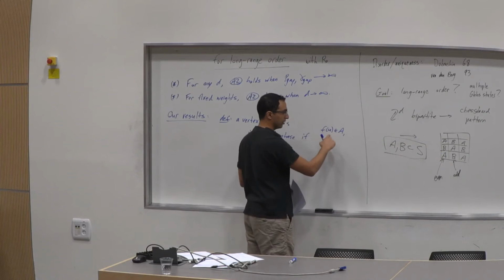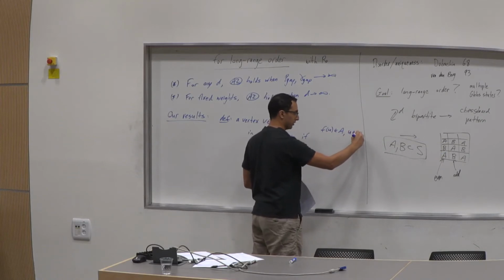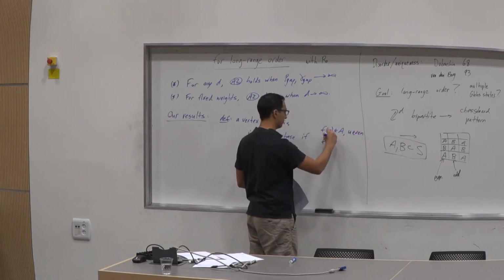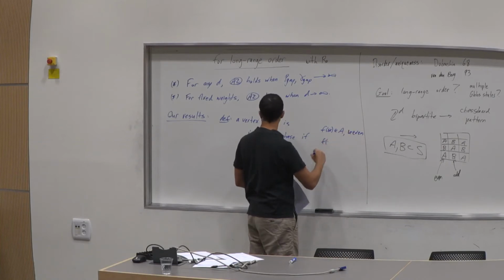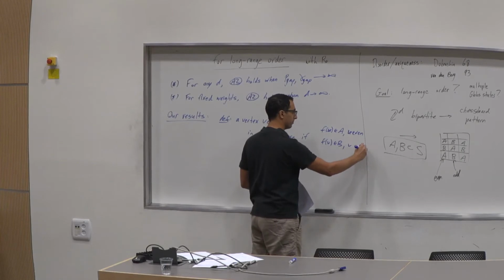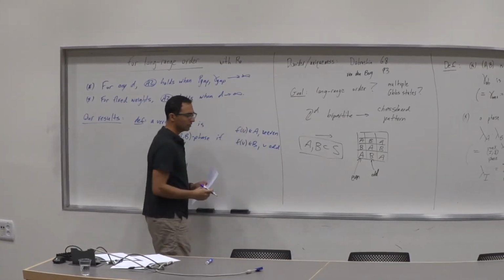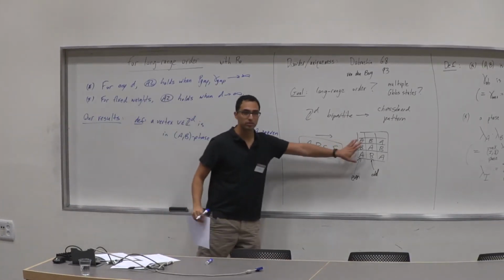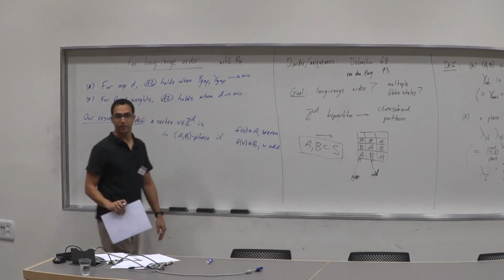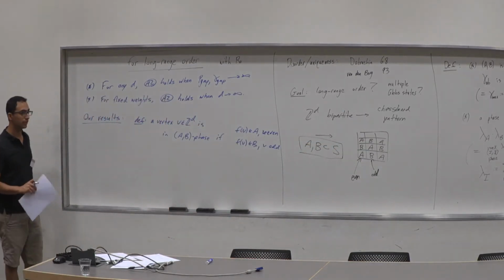So if f of u is in A when u is even, or f of v is in B when v is odd. Just so that it actually conforms to this AB pattern, we'll say that the vertex is in the AB phase.